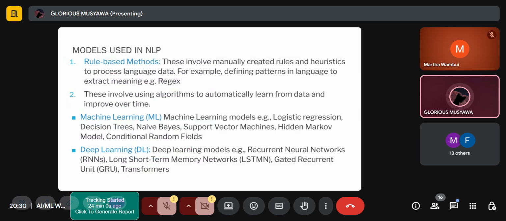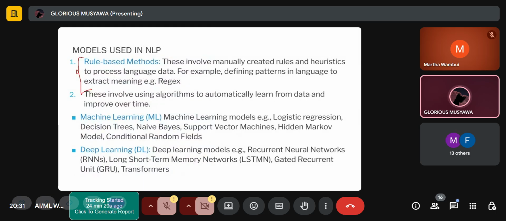And then we have several conditions. So you're defining every rule. For this one, it feels like coding. It's like coding NLP. It's manual. So you're not allowing the machine to learn from data.